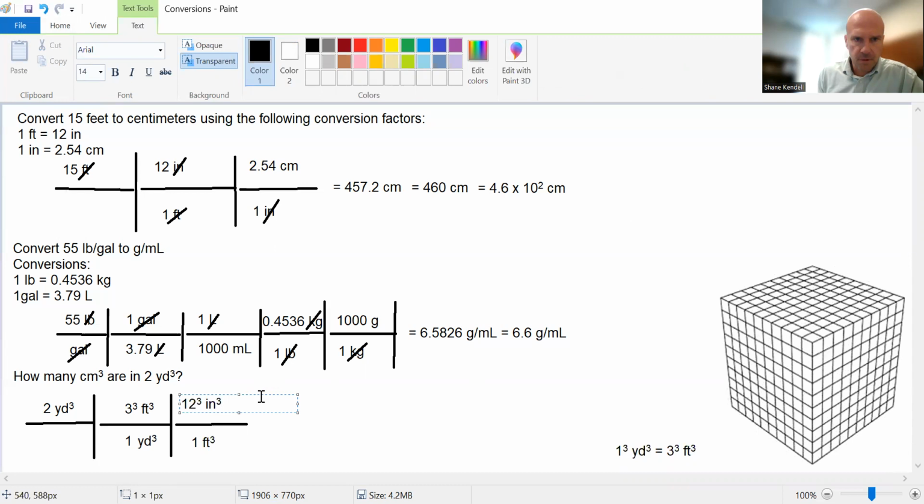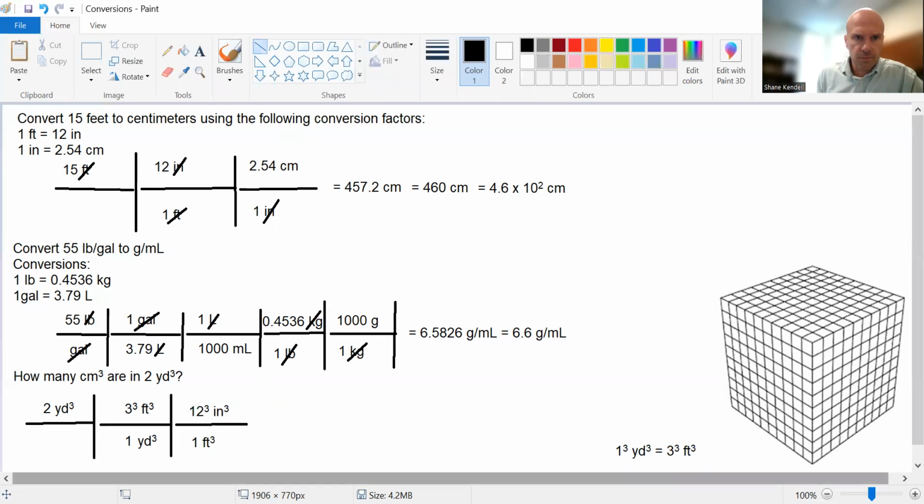Okay. So I might cross a few of these off so we don't lose track. So I've got my cubic feet crossed off. I've got my cubic yards crossed off.